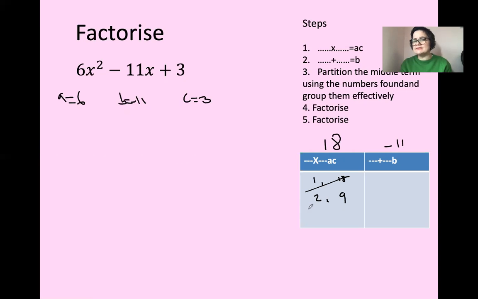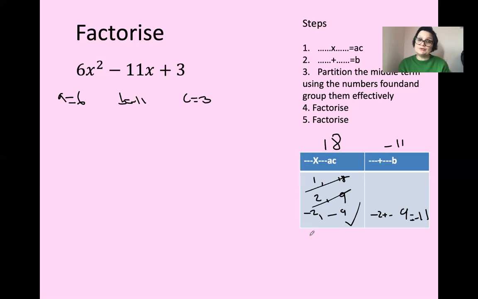So if I partition it, this would make the right parts. How about minus 2 and minus 9? Because the answer of the multiplication should be a positive answer. So minus 2 and minus 9, my answer is going to be minus 11. So these are the right factors.